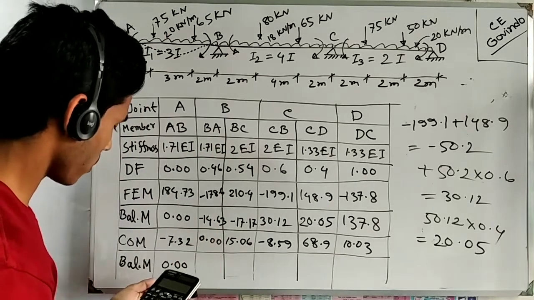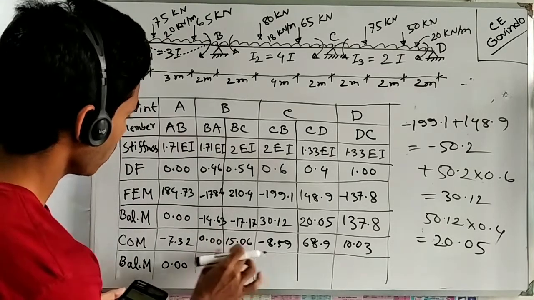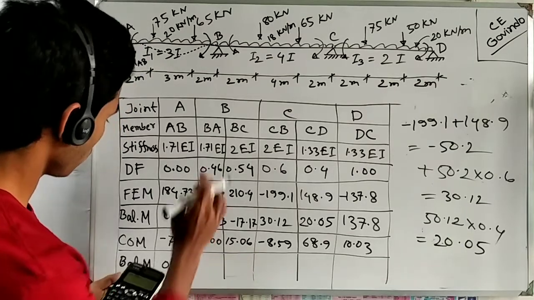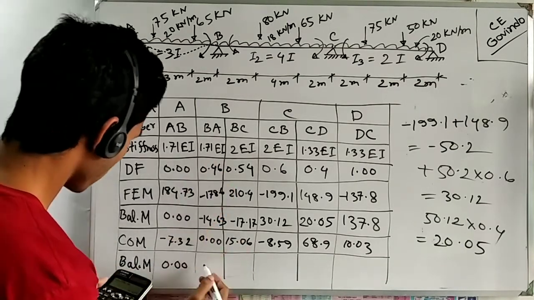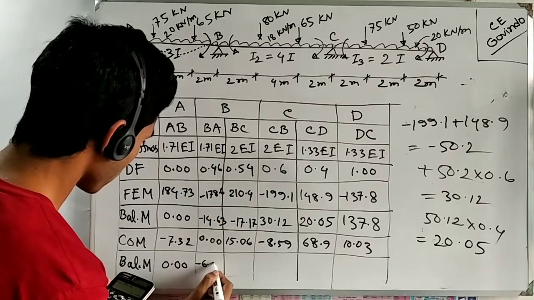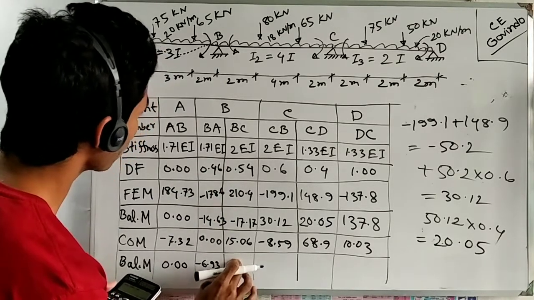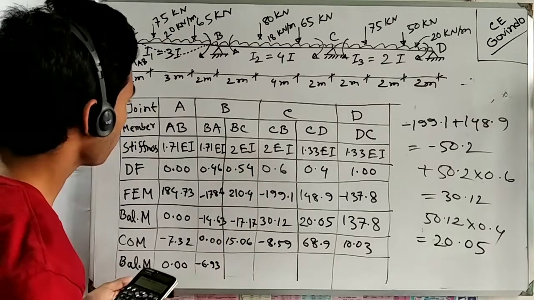For this member, minus 15.06 times 0.46, because we have distribution factor 0.46, gives minus 6.93, and for this member we need to multiply it by 0.54.